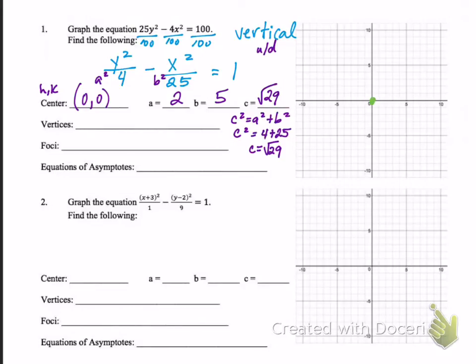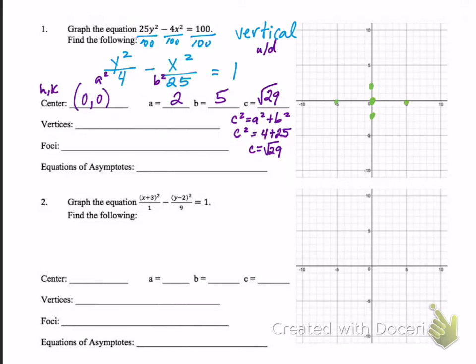And then I'm going to go up 2 units for my A, down 2 units. So my A equals 2. I'm going to go up 2 and down 2 since it's a vertical. And then for my B, I'm going to go left 5 and right 5.